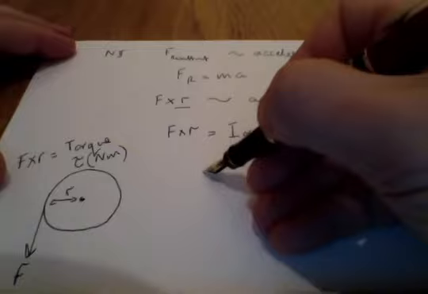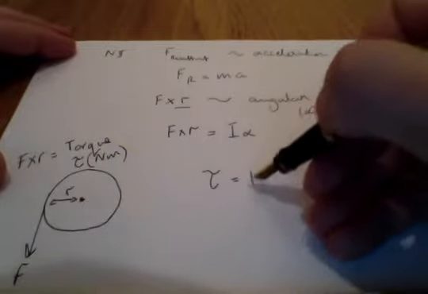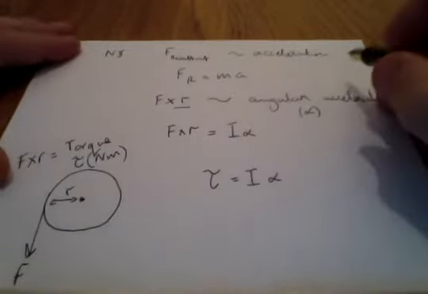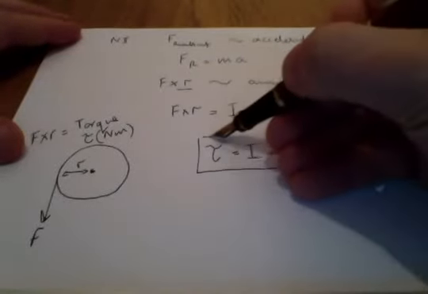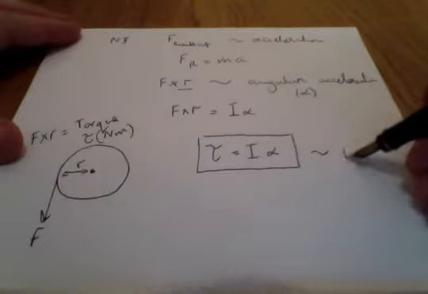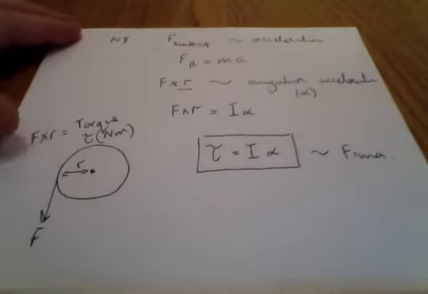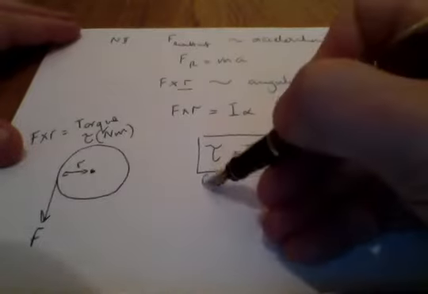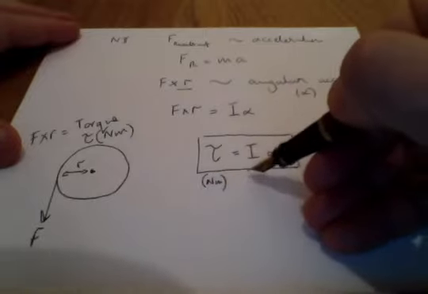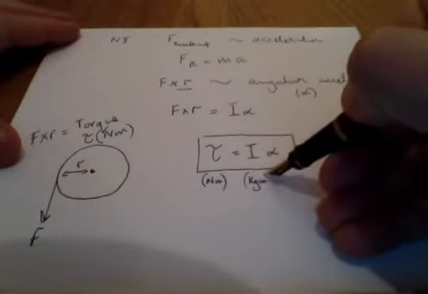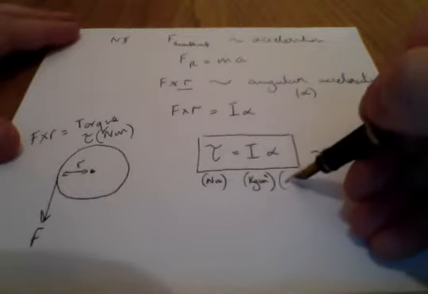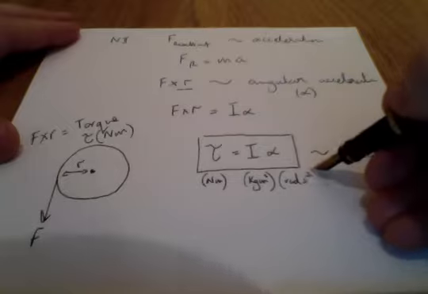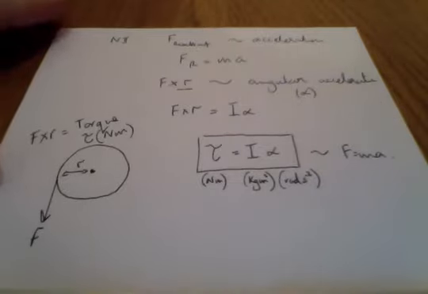Finally, torque equals moment of inertia times angular acceleration. And this is Newton's second law, the rotational equivalent to F equals ma. Torque is measured in newton meters, moment of inertia is measured in kilogram meters squared, and angular acceleration alpha is measured in radians per second squared, and that shows you the dimension check holds up.